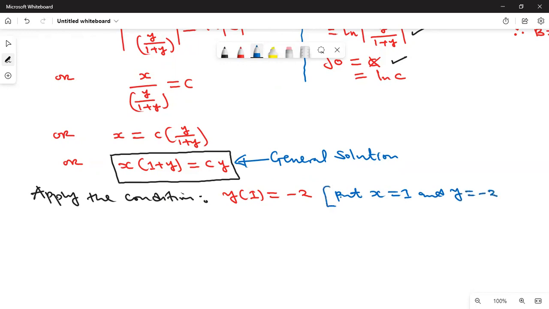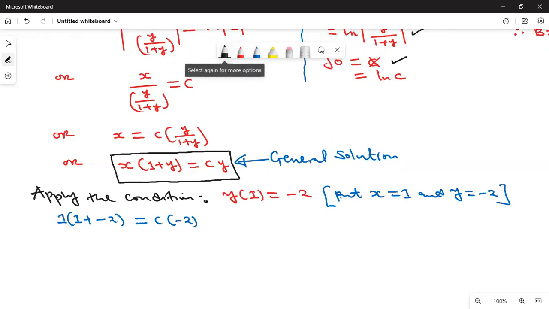So what are we going to get when you make such substitution? On the left we have 1, which is x, then 1 plus -2, which is y, is equal to c times -2.